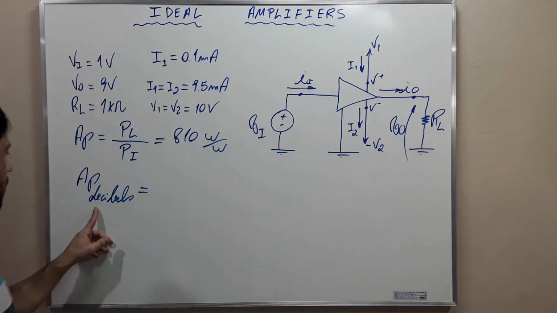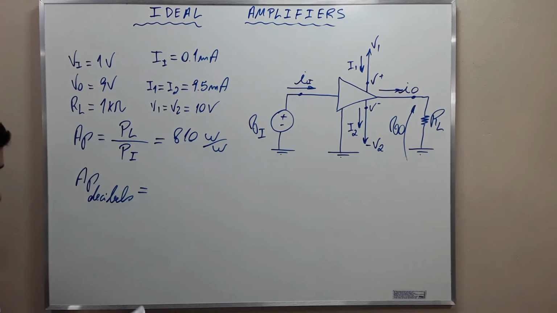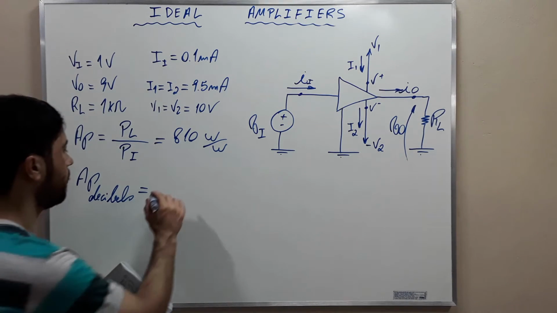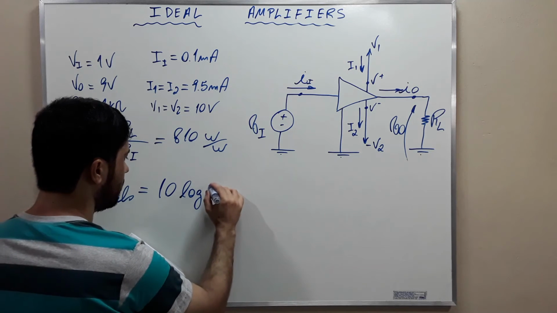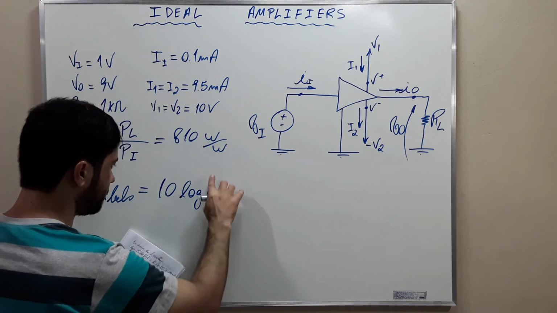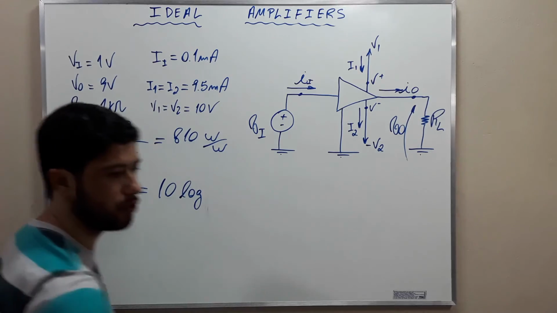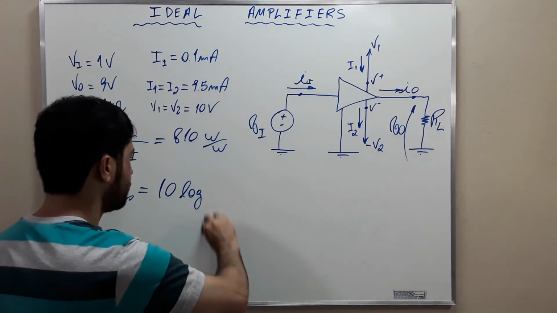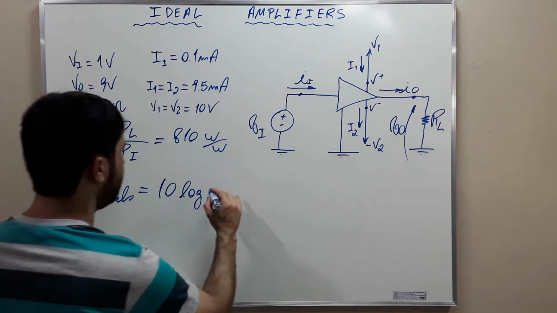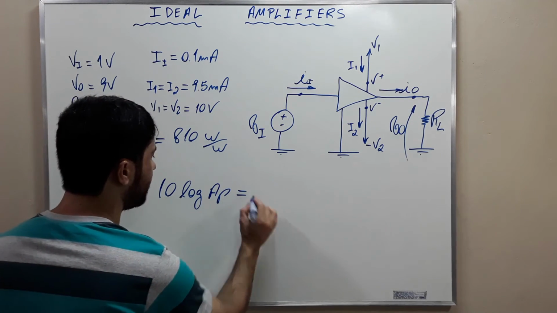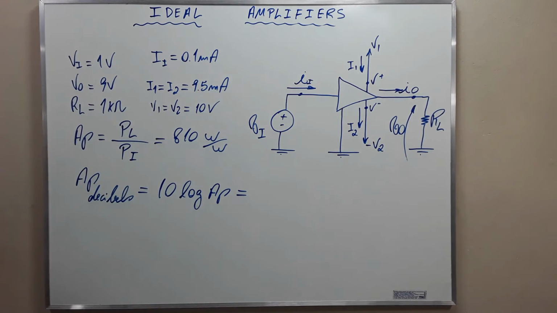The power gain in decibels is equal to 10 times the logarithm of, no, here we don't need the absolute value, okay, of this value here, AP, that we just calculated.